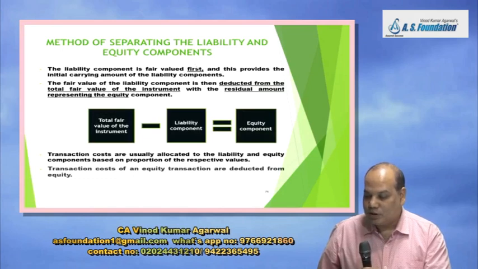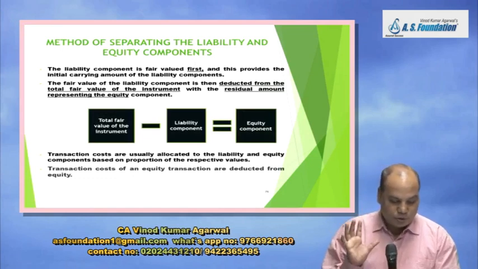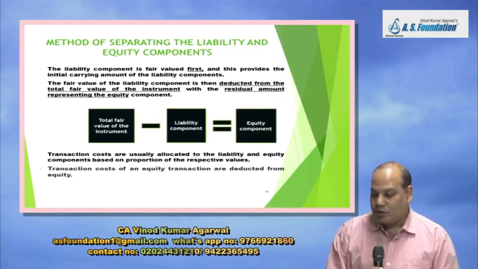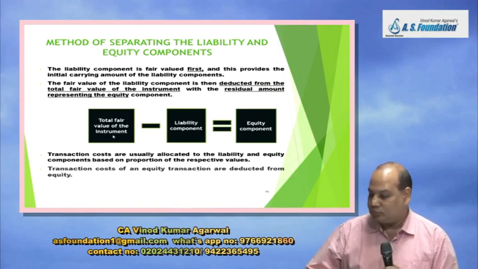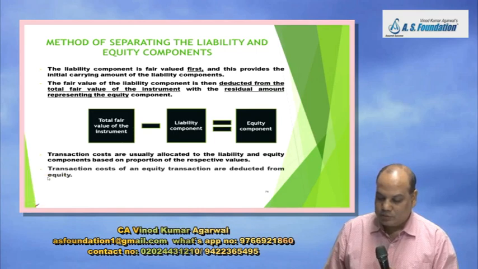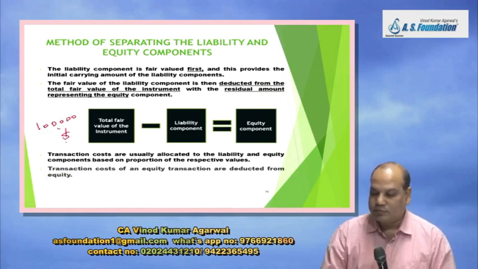So how do we split now? See, this is the most important paragraph right now for solving the questions. This is the total fair value of the instrument. Suppose you have issued a convertible bond for $1 lakh.